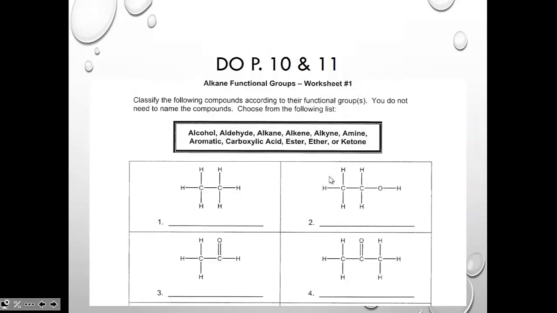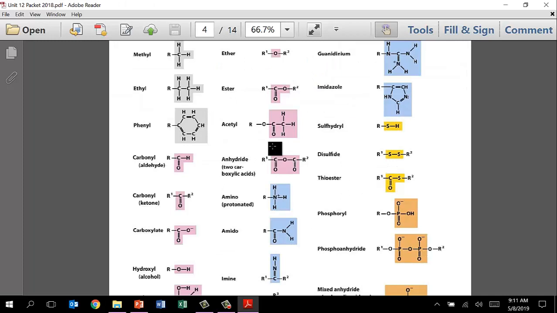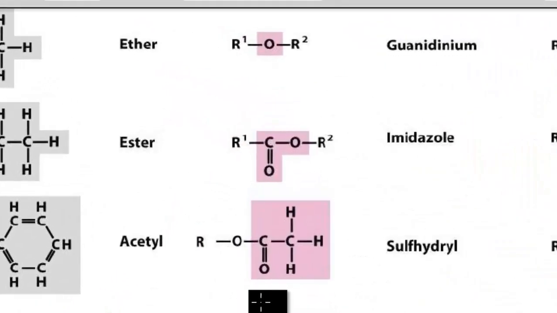With that, you should be able to complete page 10 and 11 using your packet. I did not go over esters, ethers, or ketones. However, use the picture on page 4 in your packet to identify them. The letter R simply denotes more chains that could come off.